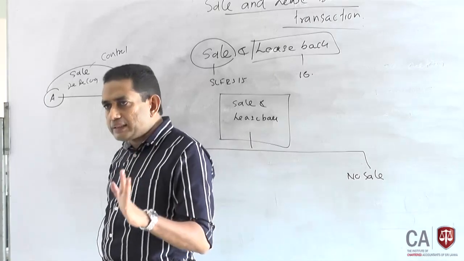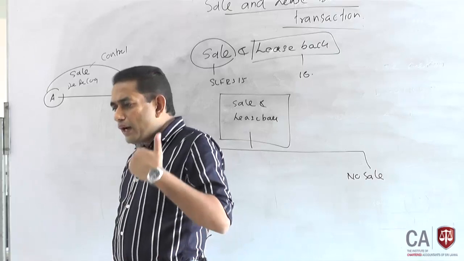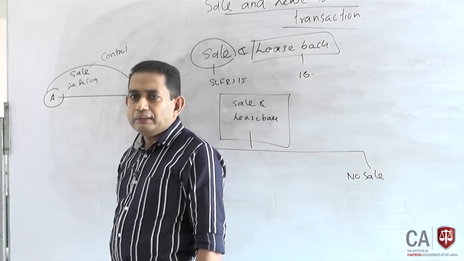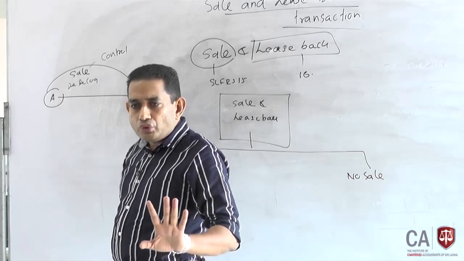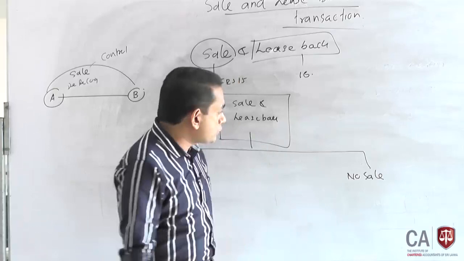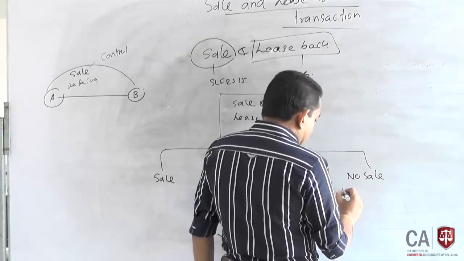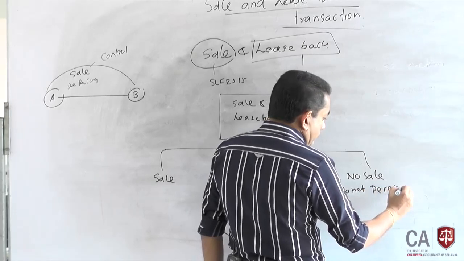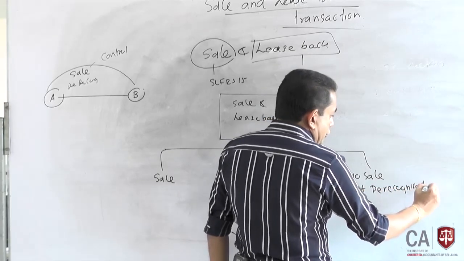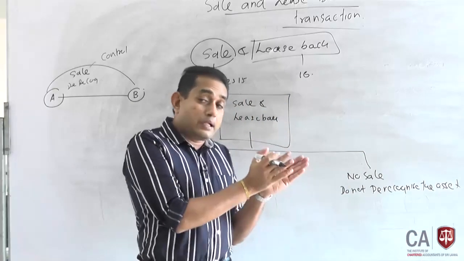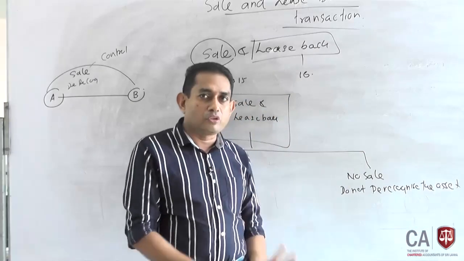If it is not a sale, where the control of the asset has not passed to the buyer, you should continue to recognize the asset in the books of the seller. Do not derecognize the asset. Asset is continued to be recognized in the books of the seller.